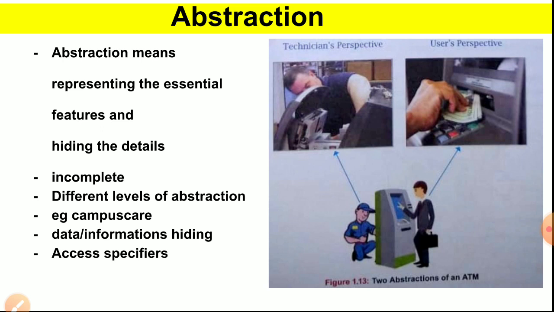When you practically see abstraction in Java code, you'll be able to understand the meaning of this data hiding. And this data hiding is implemented through access specifiers. Okay, I'll be showing you what is an access specifier in the later slides, but for now I hope that abstraction is clear.